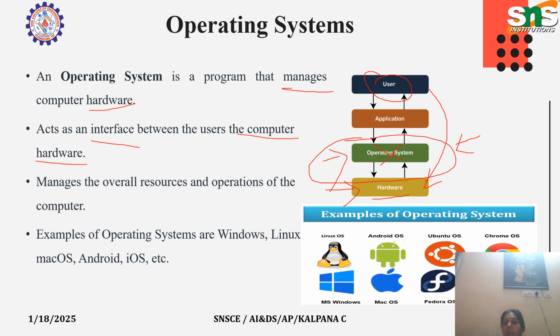Instead of communicating with the hardware directly, with the help of an operating system, we are doing everything. So it does everything for us. This is the simplest definition of an operating system. With this diagram, we understood the concept of operating system, how it acts as an intermediary between the user and the hardware. The rest will be continued in the next session.